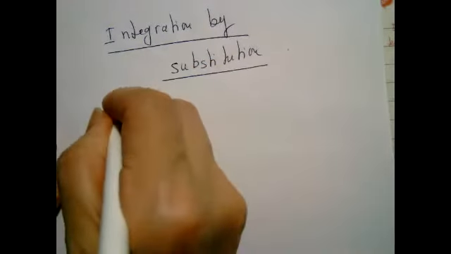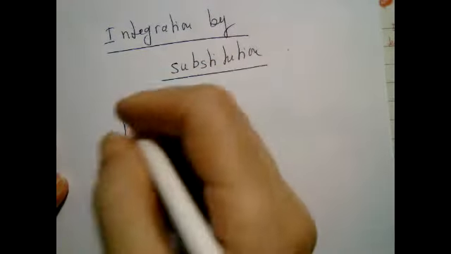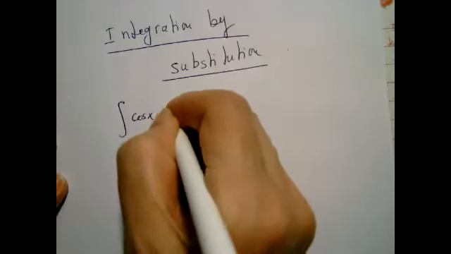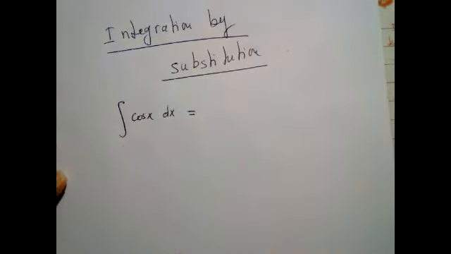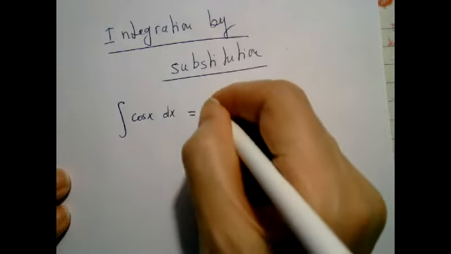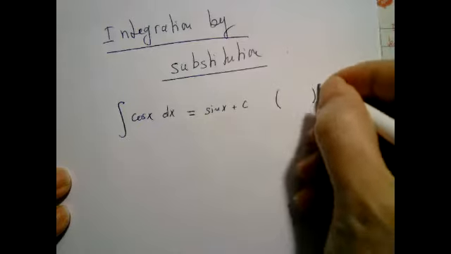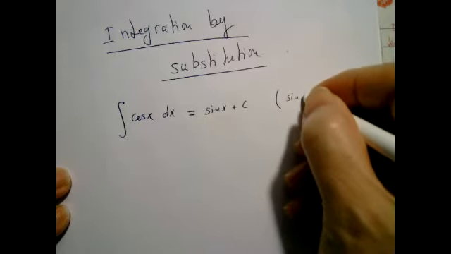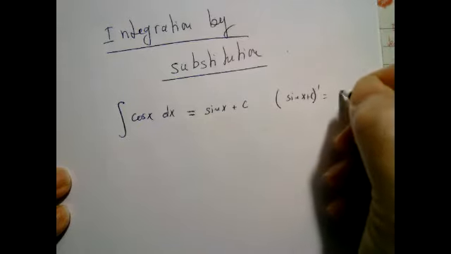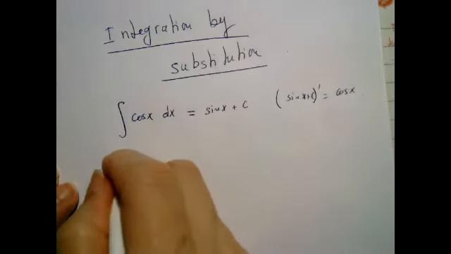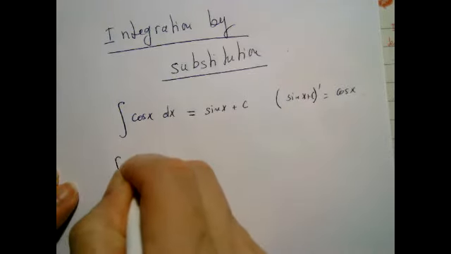If I ask a simple question, what's the antiderivative of cosine x? We know that. It's the sine. Why is it the sine? Because when I take the sine and differentiate it, I get cosine.